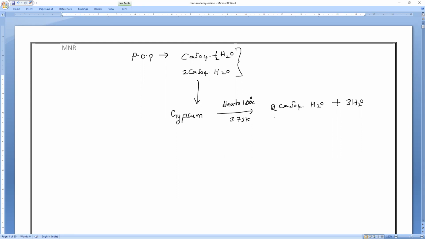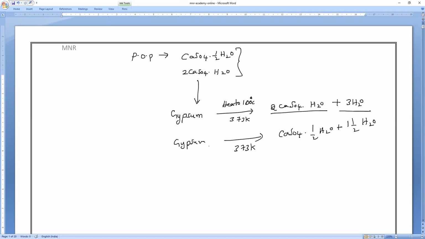So gypsum, if we heat it at 200 degrees Celsius, we will get either CaSO4 dot half H2O plus 1 by 2 H2O, or 2CaSO4 plus 3H2O. Any one equation you can write. But you should not heat the gypsum more than that temperature.